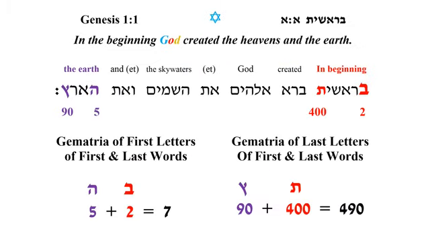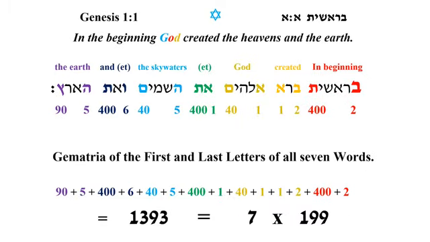If you take the gematria of the first letter of the first word and the first letter of the last word, Bereshit is a bait, Haaretz is a hay, 5, 2 and 5 is 7. Take the last letter of the first word and the last letter of the last word, that's Tav and Sadi, 490, which is 7 times 70.